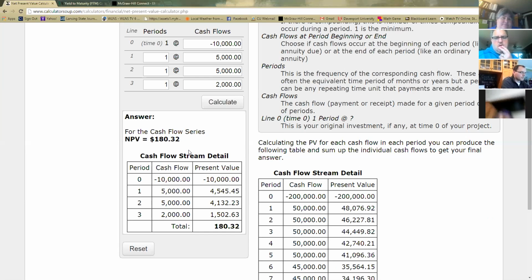That's not very much profit there. But remember, that's just how much it is better than 10%. Oh, okay. If this had come out exactly 0, then we would know this investment exactly gives us a 10% rate of return. Okay, gotcha. So we're better than 10%. Okay. And that makes it an acceptable thing to do.